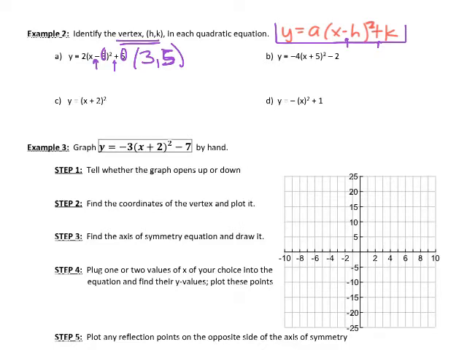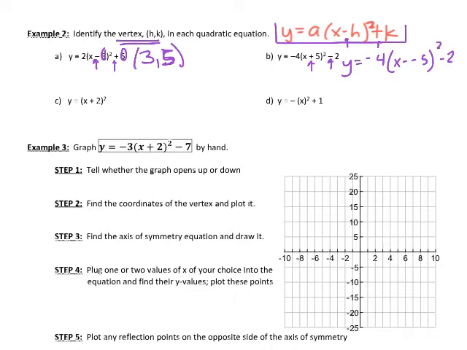Now let's take a look at B. B actually has the signs flip-flopped. So if that's the case, then we could rewrite this. We could say that a is still -4, but that plus could be two negatives, and then we would have to say that that's -2 over here.